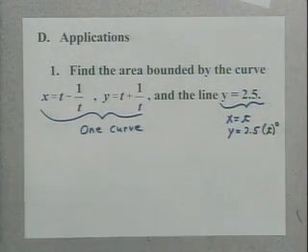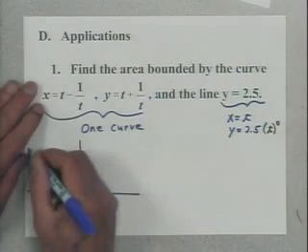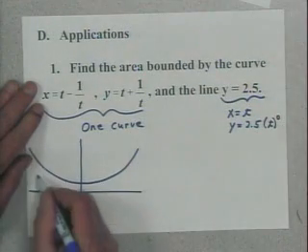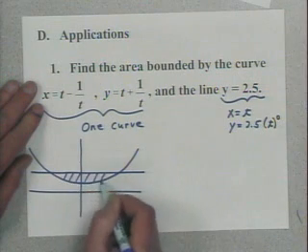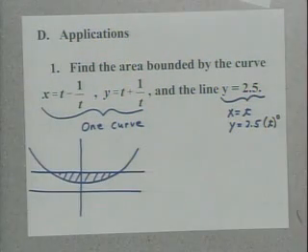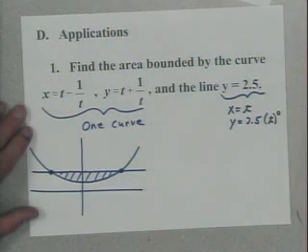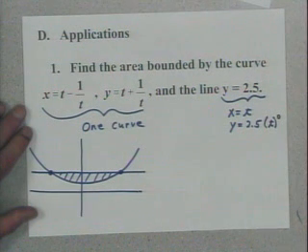But I do know this, that I have this branch of the hyperbola coming, and then I have this line, and I'm looking for the area of that shaded part, right? I need to find the points of intersection so I know how to set my limits of integration. So what do I have to do? We'll find when the two curves intersect.